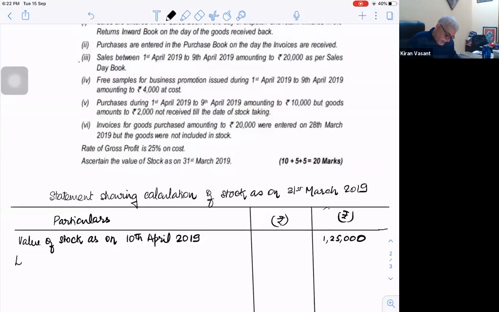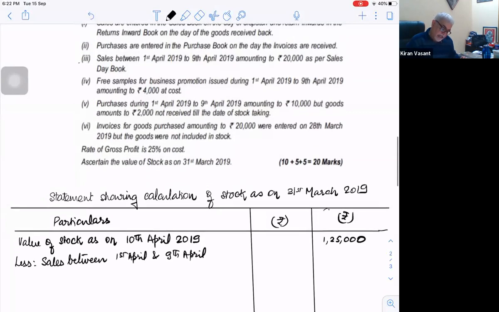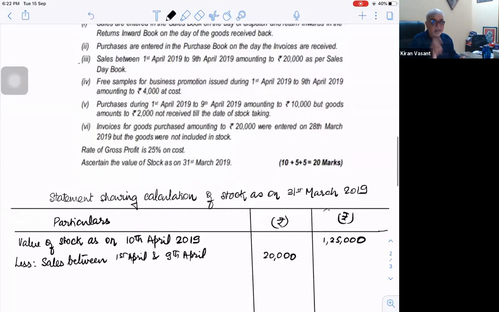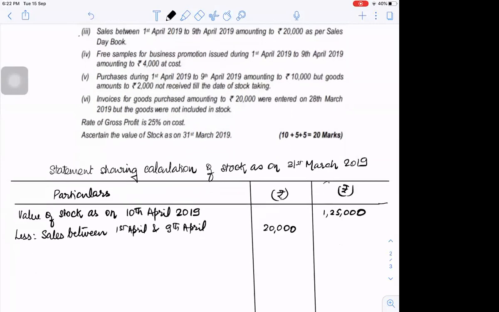So I will say less sales between 1st April and 9th April. What is the sales there? 20,000. Now sales is made at selling prices. So I remove the profit thereon.